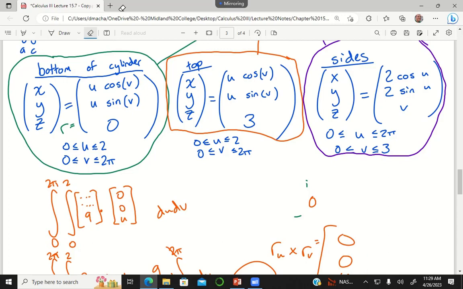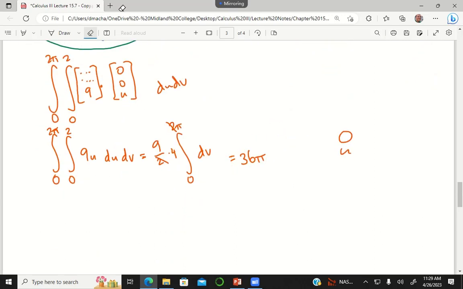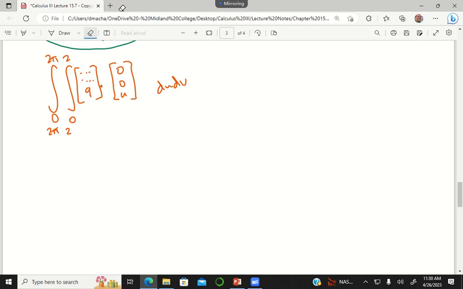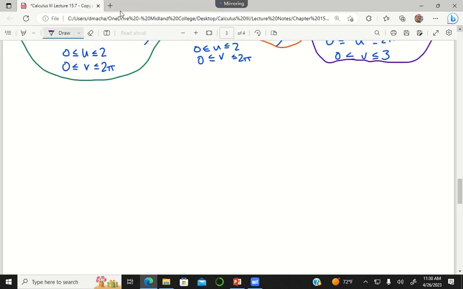But I'll need to do the same process. So we'll take the partial derivatives with respect to u, and then with respect to v, and then we'll think about the cross product, and then we'll think about what the capital F vector field formula looks like when I replace the x's and the y's and the z's with my parametric surface, and so on.